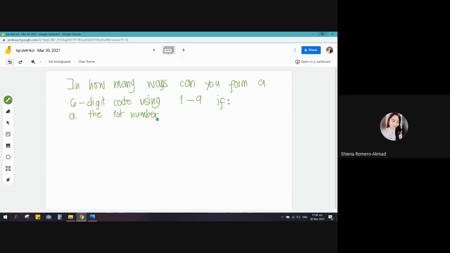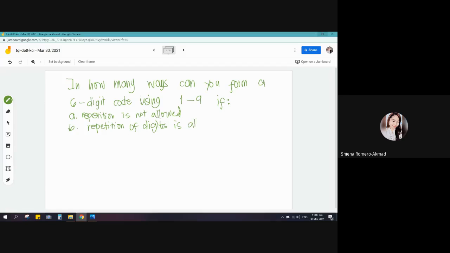A, repetition is not allowed. Letter B, repetition is allowed of digits.